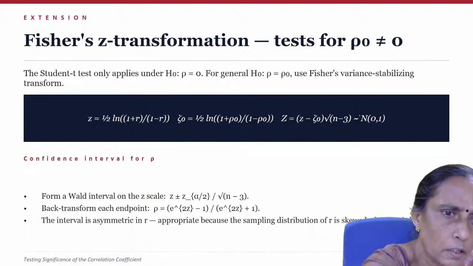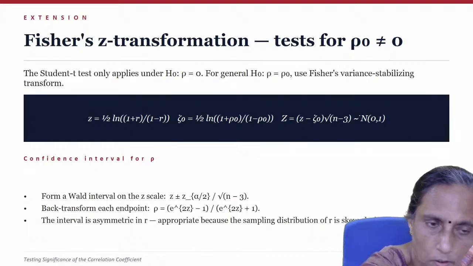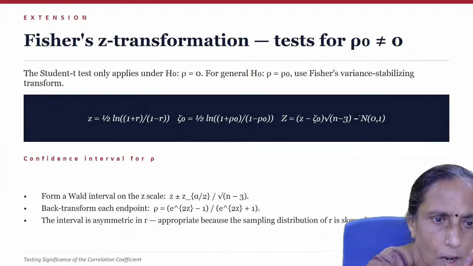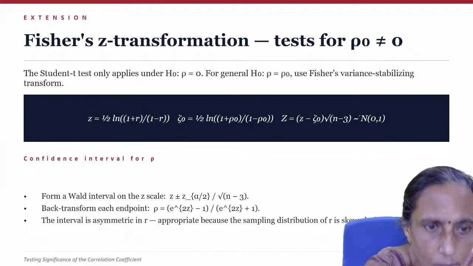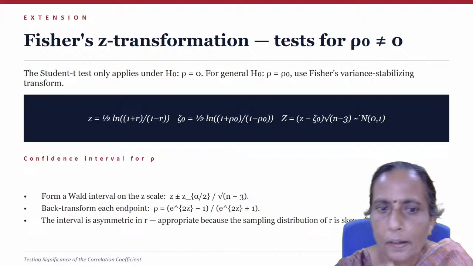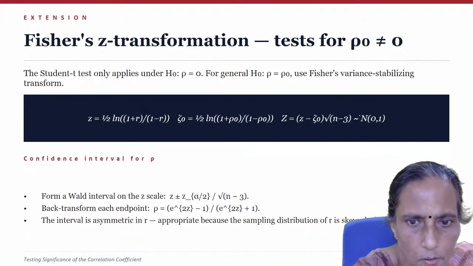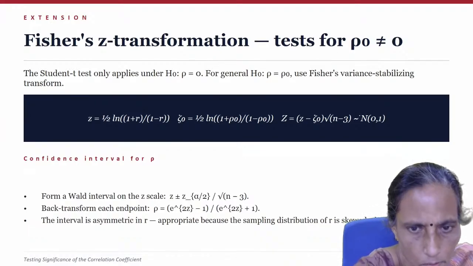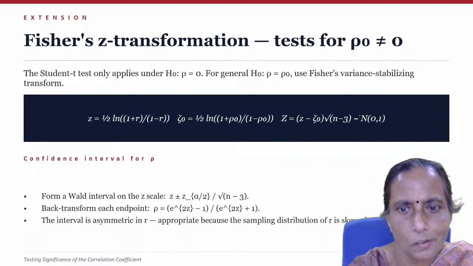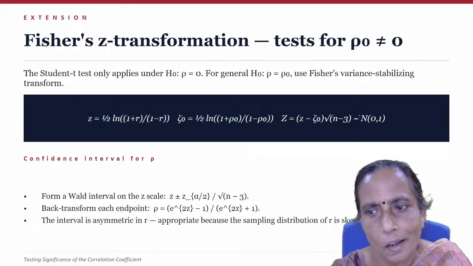The Fisher's Z value goes like this: Z is half log to the base e of (1 plus r) by (1 minus r). And tau 0 is equal to half log e of (1 plus rho 0) by (1 minus rho 0), and so on.